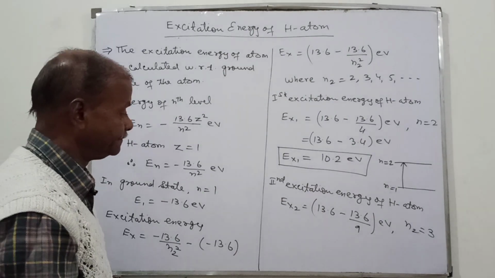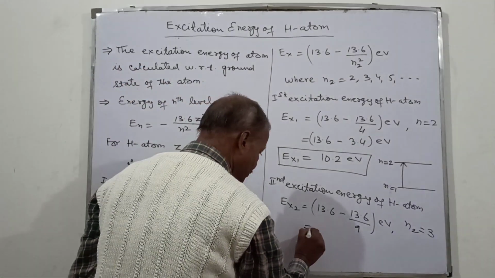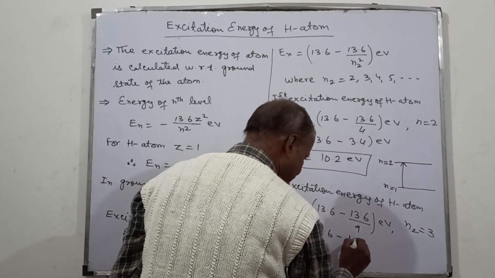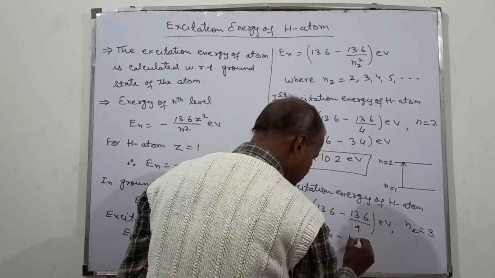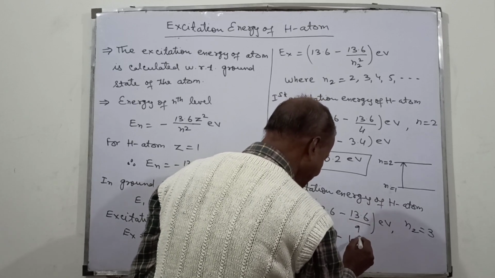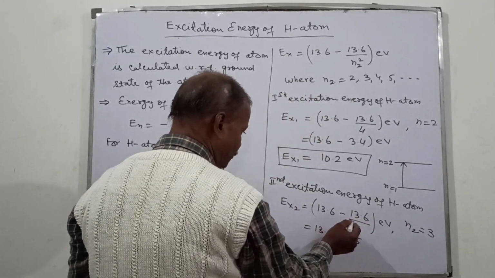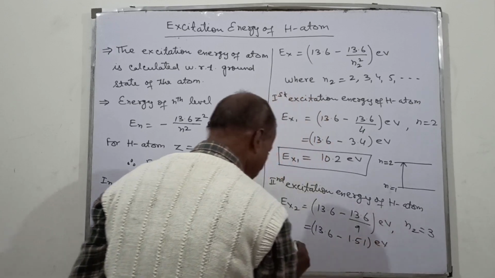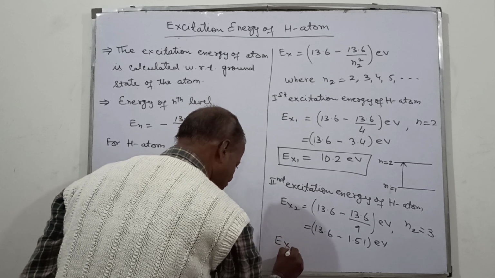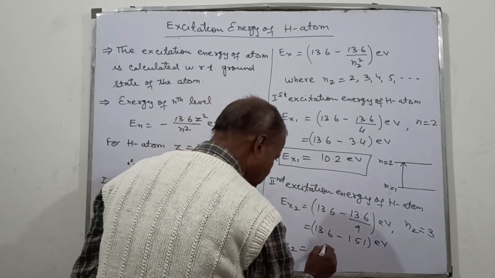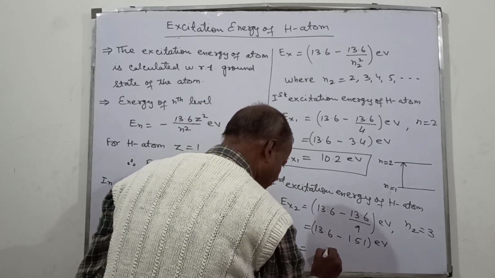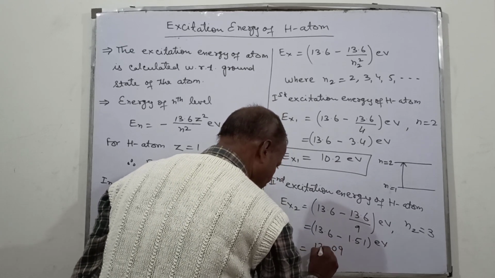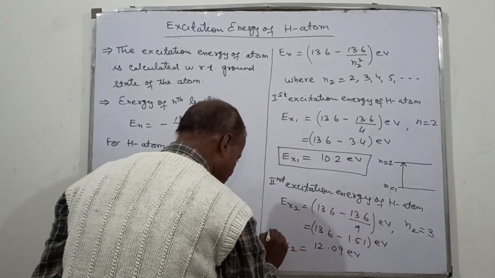So 13.6 minus 1.51 electron volt, and EX2 is equal to 12.09, about 12 electron volt.